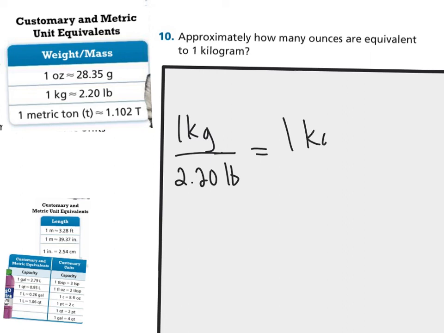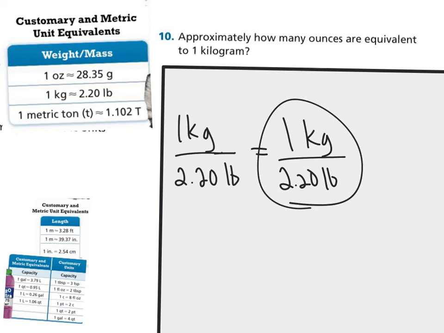It is just 1 kilogram, so we really already have this conversion. 1 kilogram is 2.2 pounds, and then we're trying to go to ounces, so we need to use a conversion with ounces and pounds, and that would be one that we had earlier on.